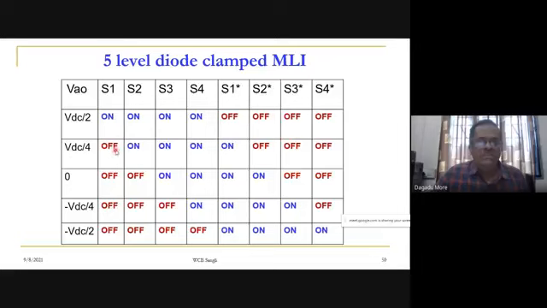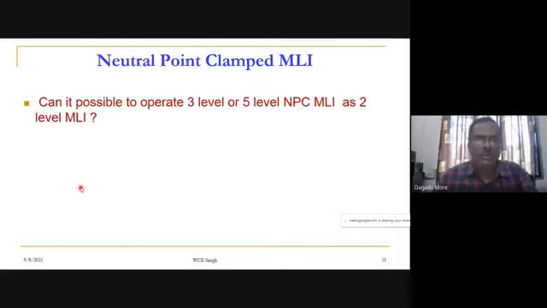For plus VDC by 4, S1 is off and S1 star becomes on. For 0, S1, S2 are off, S3, S4 are on, and as S1, S2 are off, S1 star and S2 star are on. So you can see very simply which devices will be on. We have shown the table for getting plus VDC by 2, plus VDC by 4, 0, minus VDC by 4, and minus VDC by 2.